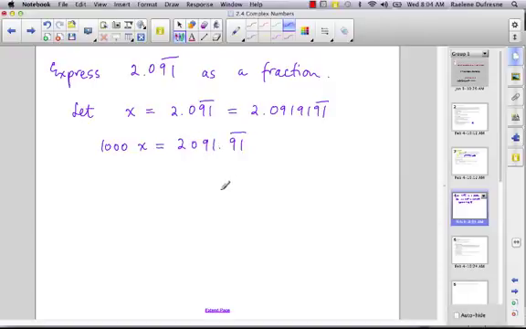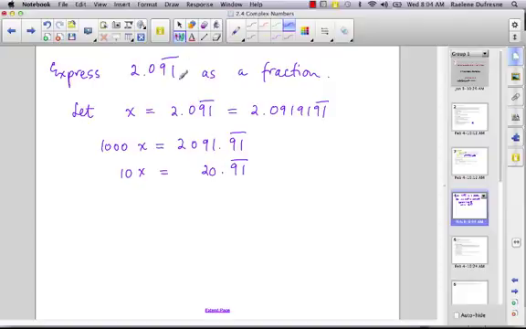2091.91 repeating. And if we multiply by 10, we see that we get 20.919191.